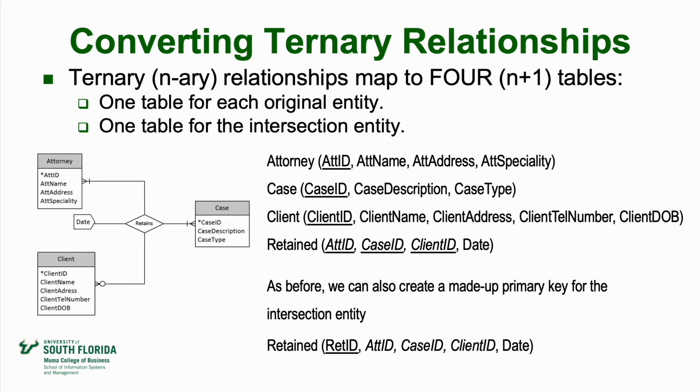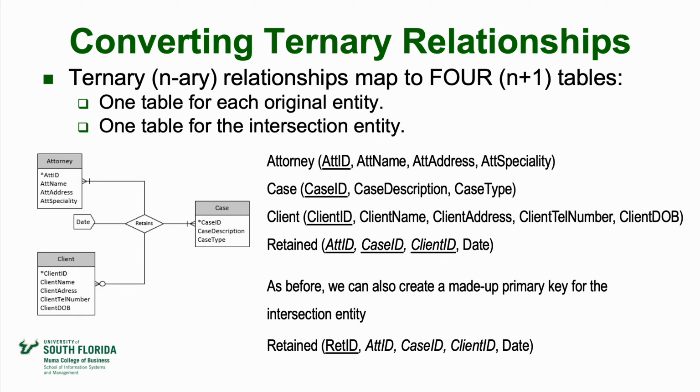The final type of relationship we cover are ternary relationships, or in fact, any n-ary relationship. Ternary relationships map to four tables, namely one table for each original entity and one table for the intersection entity.